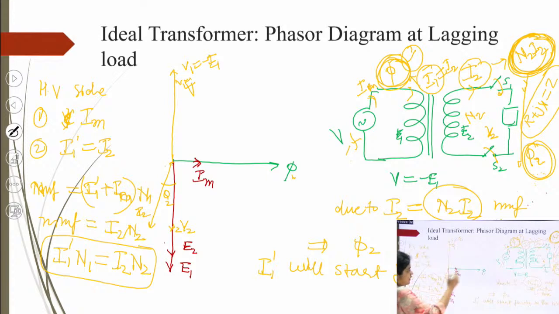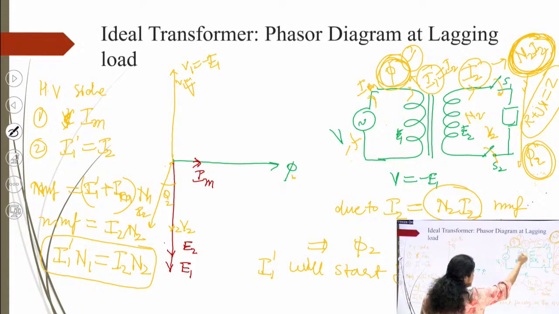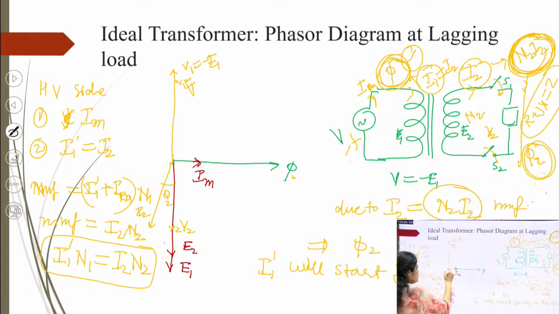Now whenever load is connected, in the primary the equal amount of current will flow, which is same as I2, right. Equal and opposite amount of current will start flowing. So it can be represented in the phasor diagram. This is I1 dash, which is equal to your I2, right.